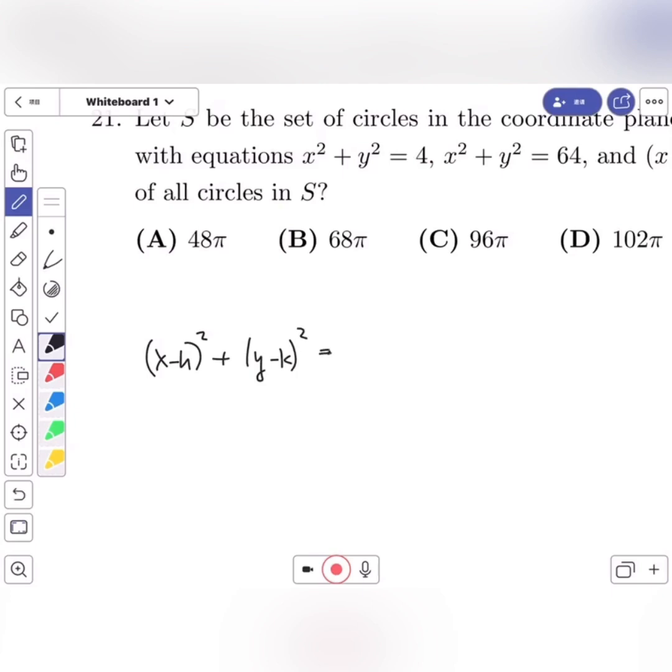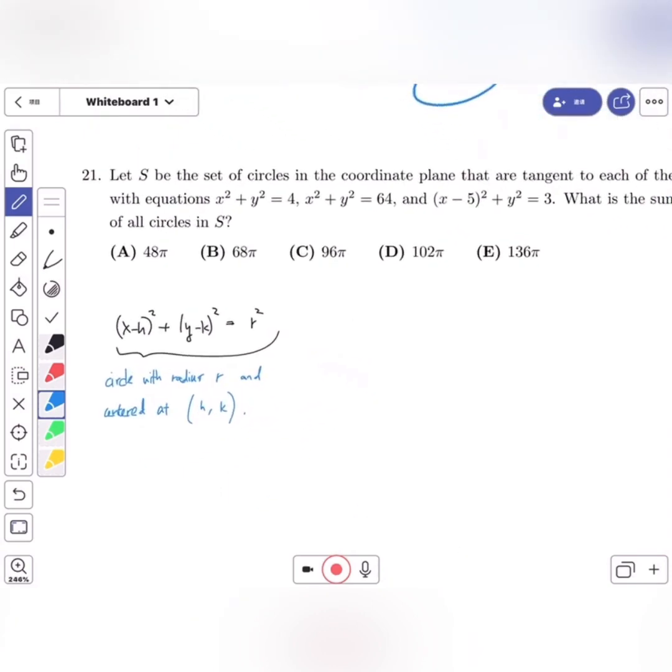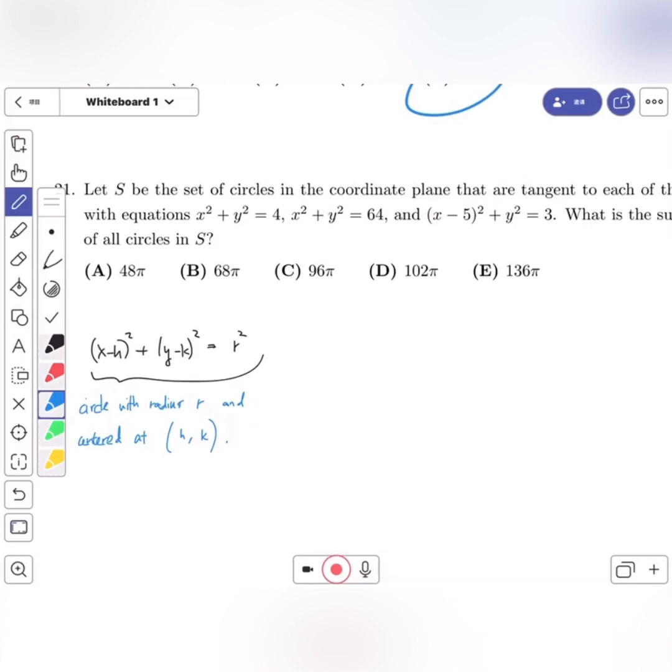That is denoting a circle with radius r, centered at h comma k, in the Cartesian plane.